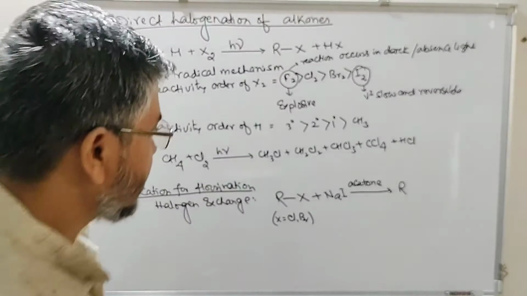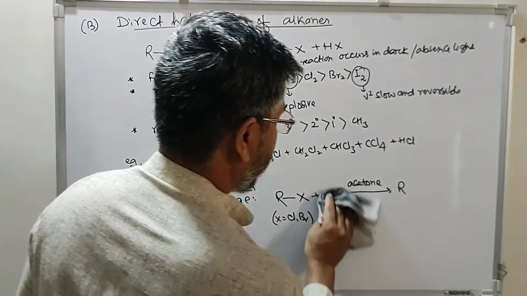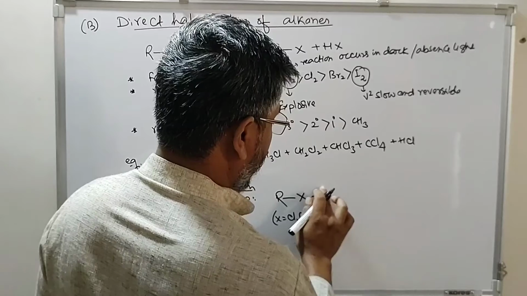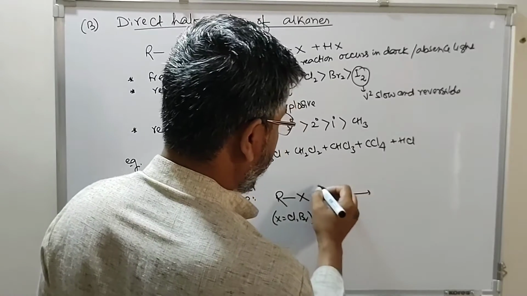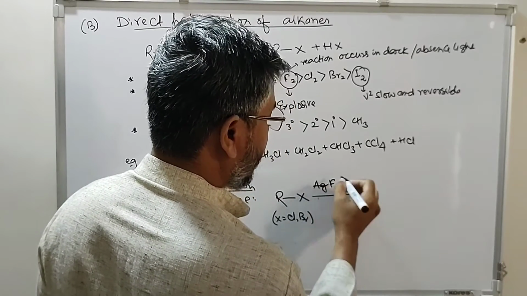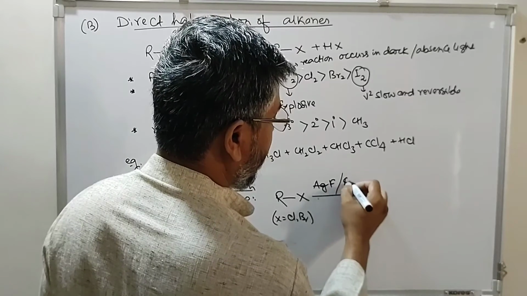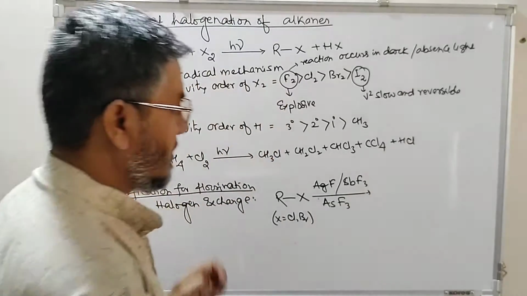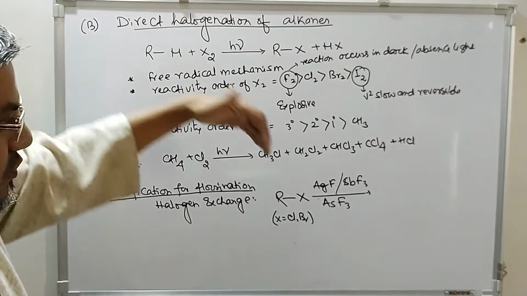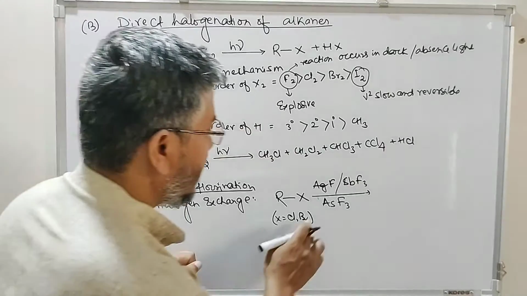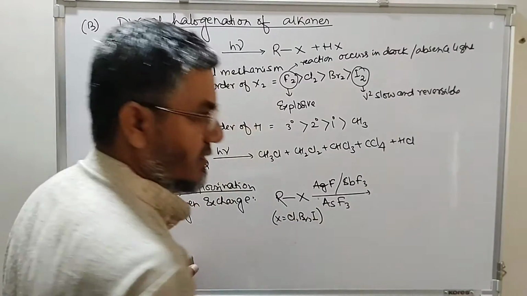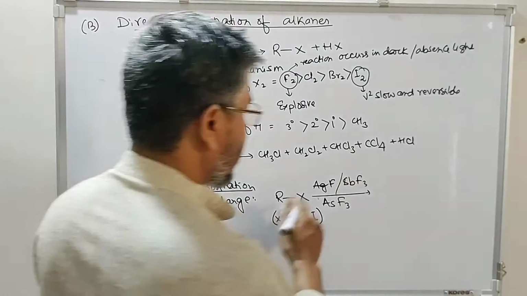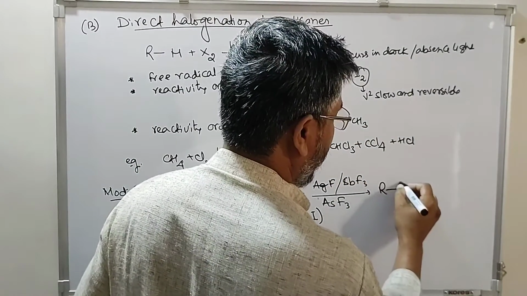This is for fluorination. This is made to react with reagents like AgF or Hg2F2 or SbF3 or AsF3. The reaction of alkyl chloride, alkyl bromide and alkyl iodide with AgF or SbF3 or AsF3, when this X is replaced by fluorine.